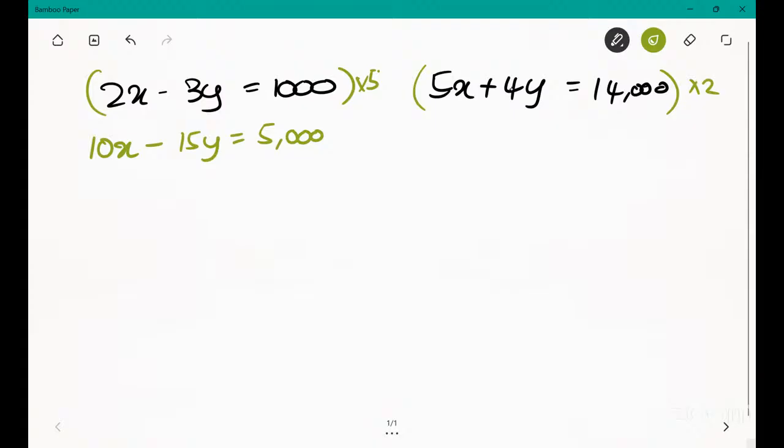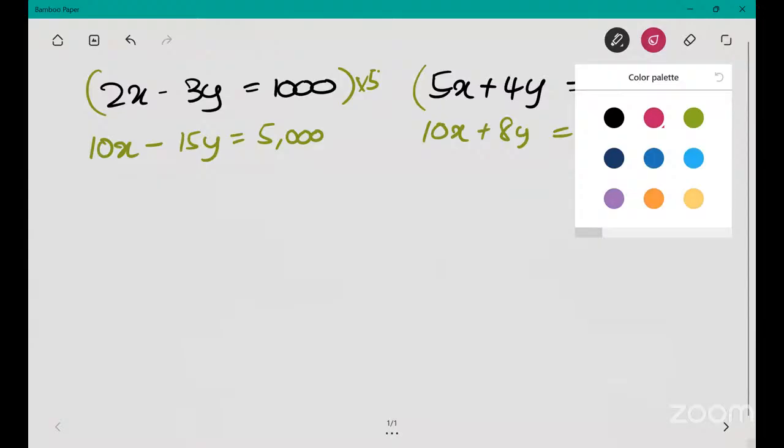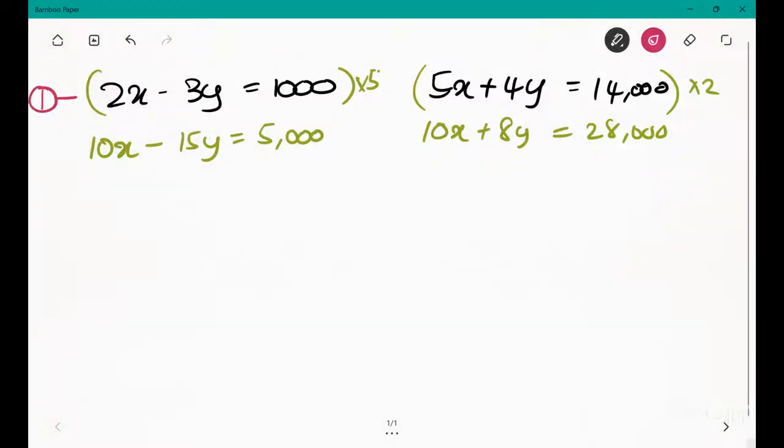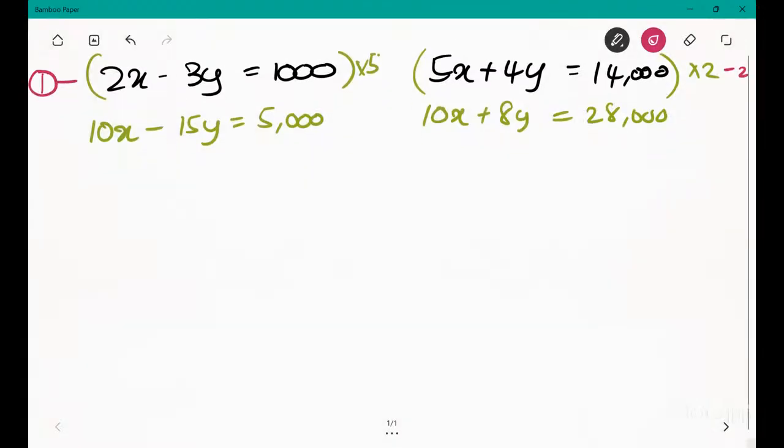Then 5x into 2 is 10x plus 4y, 4 into 2 is 8y, is equals to 14,000 into 2 is 28,000. So this was my first equation, this was my second. Now I'll renumber it: this is my third and this is my fourth.